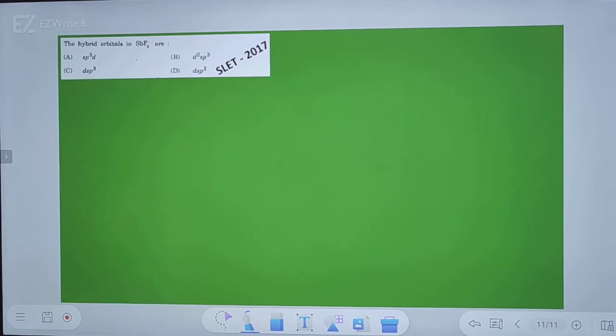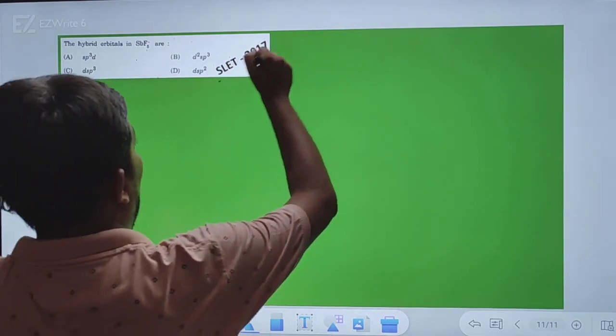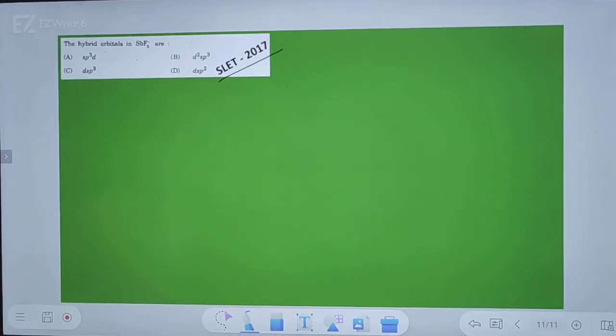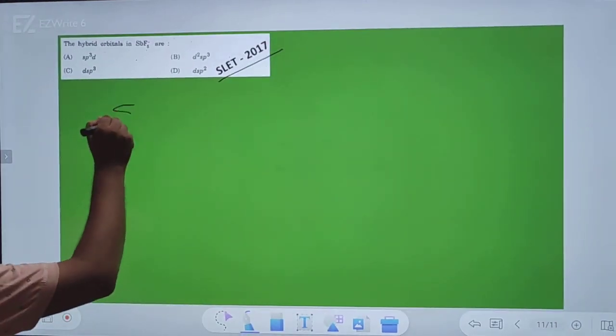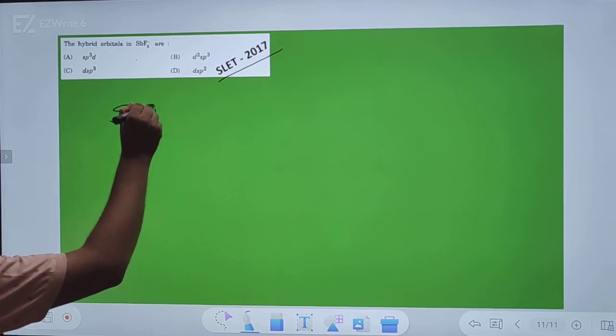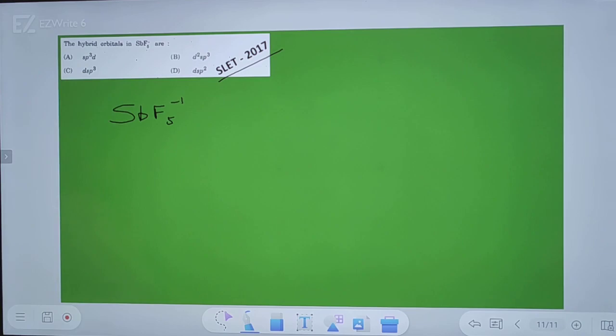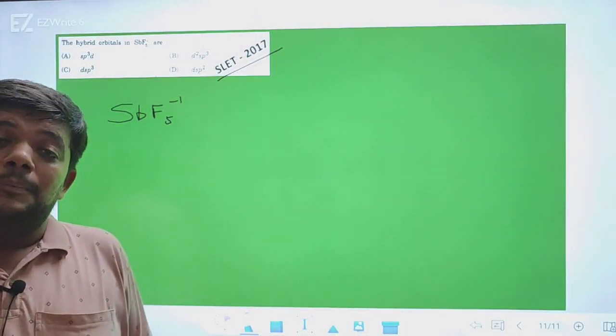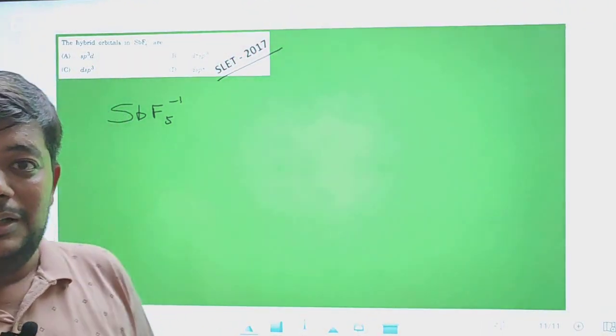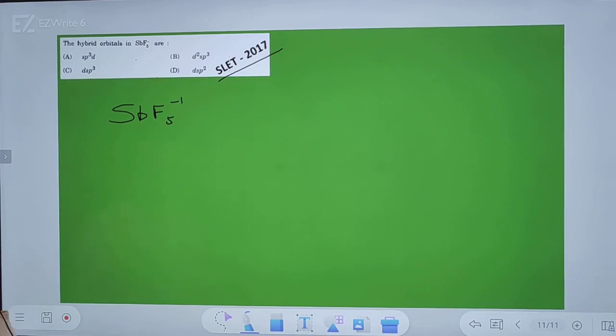And now the last one, SbF5 minus. A very precise one, just based on a formula, SLET 2017. Let us see what happens. In such competitive exams, many times you get a bonus for a question, because sometimes the paper setter fails to give the correct answer unknowingly.